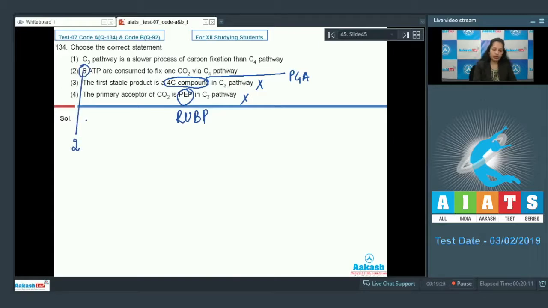So it should be 2, not 6. So this statement is also wrong. What about the first statement that says C3 pathway is a slower process of carbon fixation than C4 pathway? It is true that C3 pathway is a slower process of carbon fixation as compared to the C4 pathway, and hence the yields in the C4 plants is higher as compared to the C3 plants. So the correct option for the given question is option number 1. Let's move on to the next question.